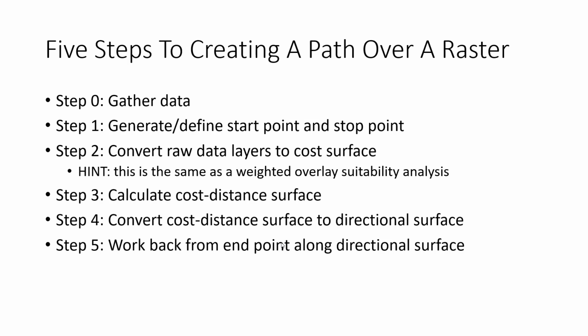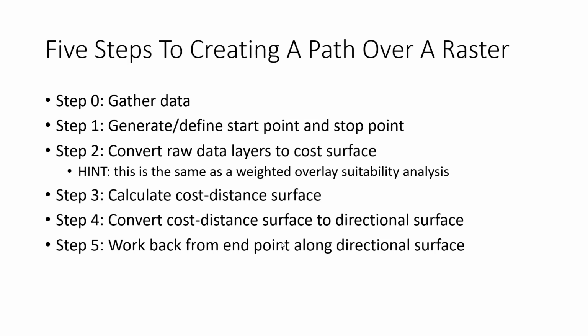Then we're going to convert that cost surface to what's called a cost distance surface, which is going to take into account the fact that we're trying to travel, so we need to incorporate some form of distance into that. Once we've got the cost distance surface, we will convert that into what's called a directional surface, which is basically just going to tell us from any one cell what direction we should go next to minimize cost.